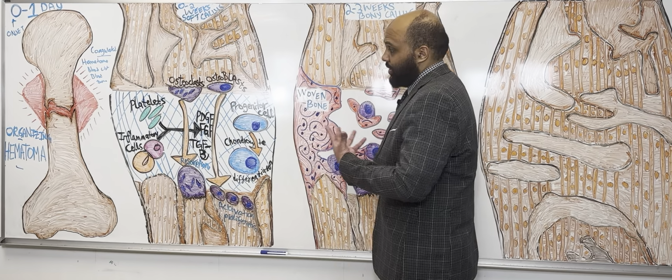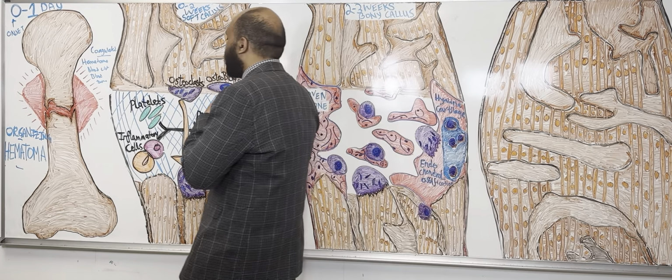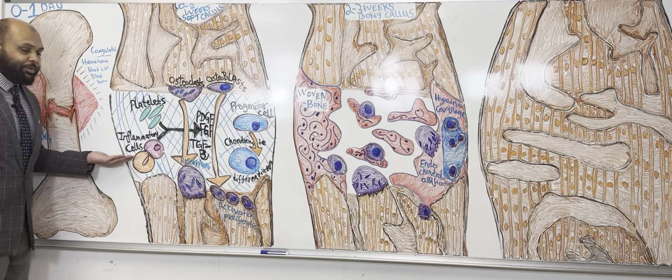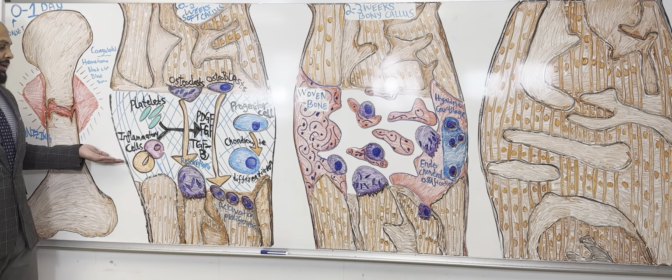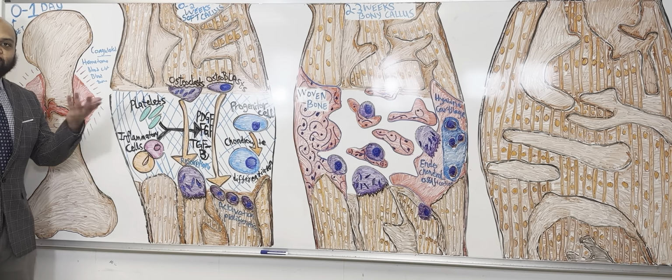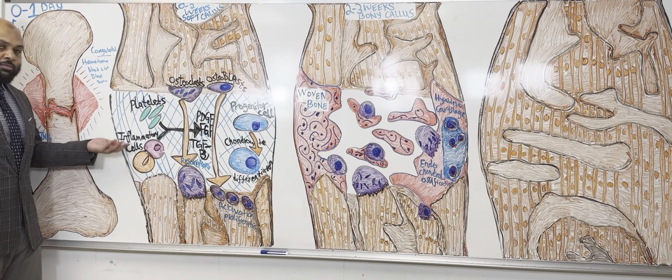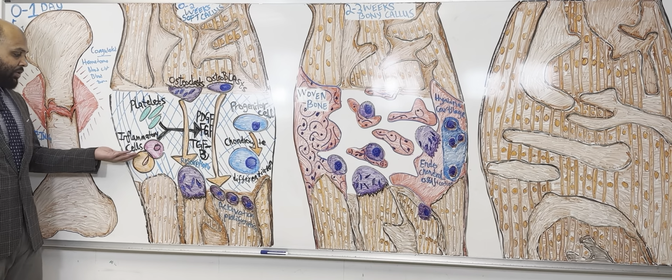So, what are the things that happen? Number one, what do we have here? We have inflammatory cells. This is no surprise. We're always going to need the police. We're always going to need the immune cells. You're going to need your macrophages.